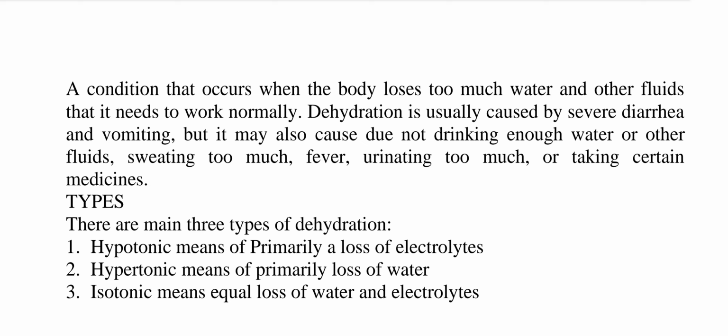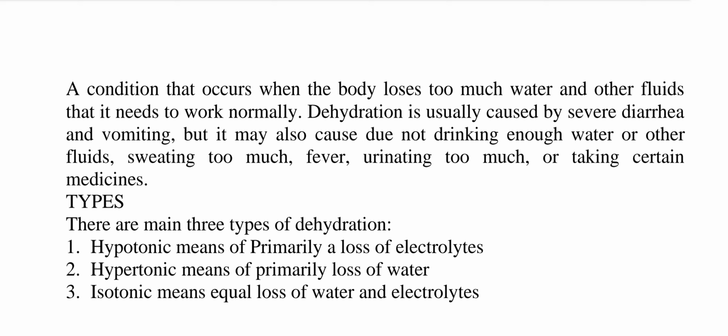Dehydration is usually caused by severe diarrhea and vomiting. It may also be caused by not drinking enough water or other fluids, sweating too much, fever, urinating too much, or taking certain medicines.